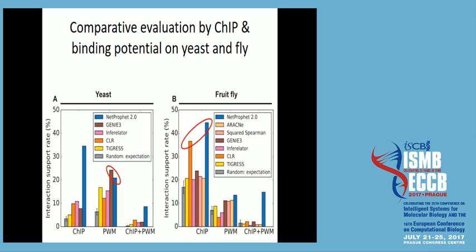And CLR performs relatively well on the ChIP standard in fruit fly. But overall, NetProphet outperforms, and you see that particularly when you look at edges supported by both PWM data and ChIP data, where NetProphet 2 seems to outperform well.